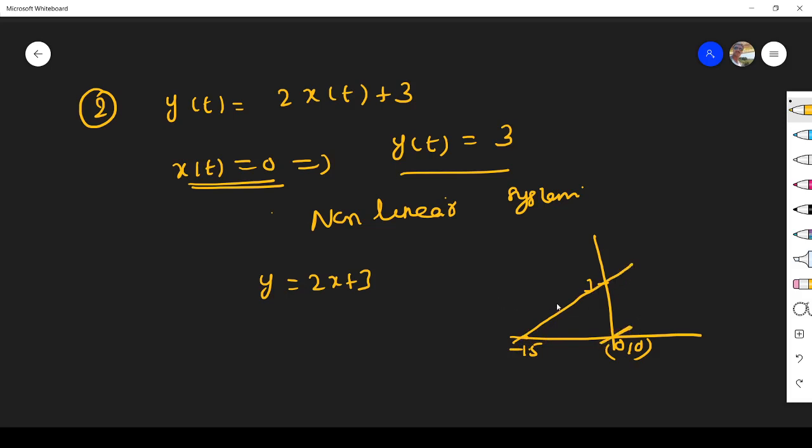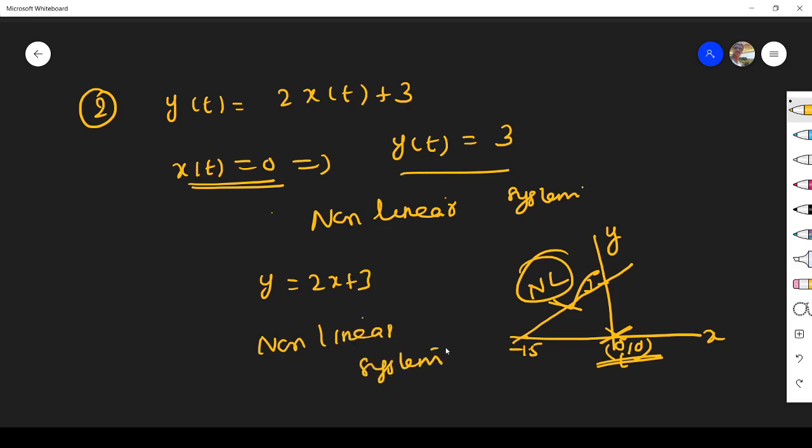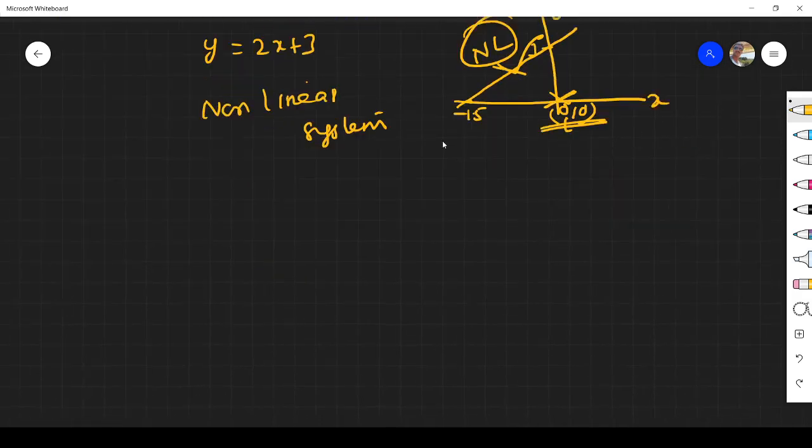So it is a non-linear system because it is not crossing 0, 0. 0, 0 indicates that when input x is 0, the output is also 0. That condition should be satisfied, but here it is not satisfied. So we can say the system is a non-linear system. You don't need to do all the x1 of t, x2 of t formulas and all, because this is for competitive exams.